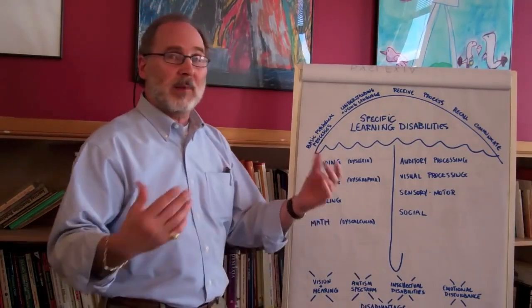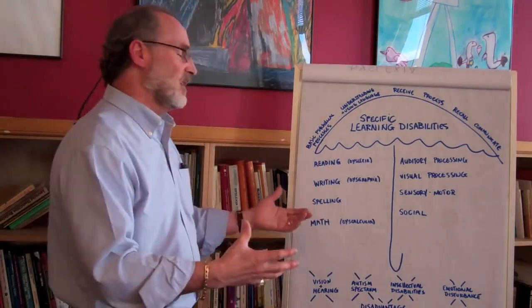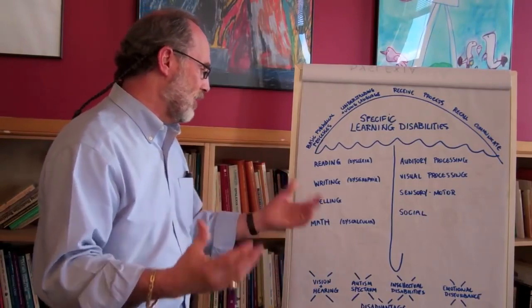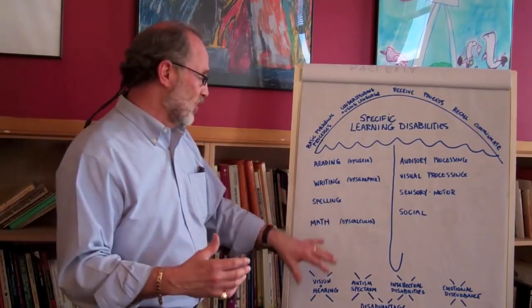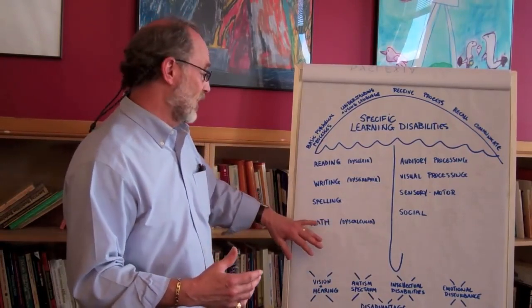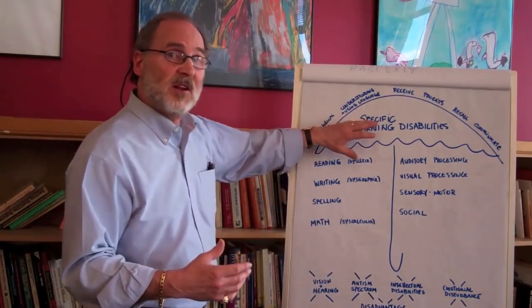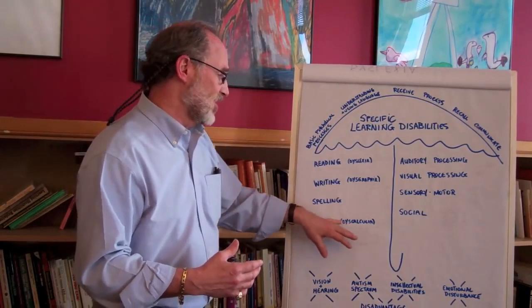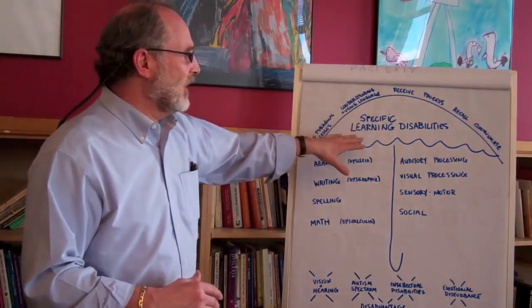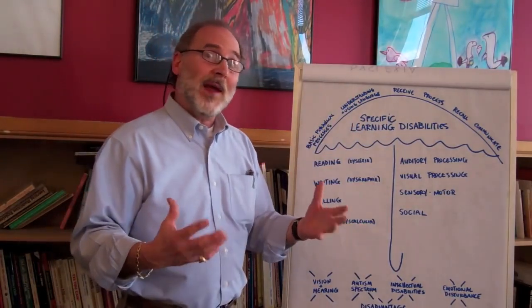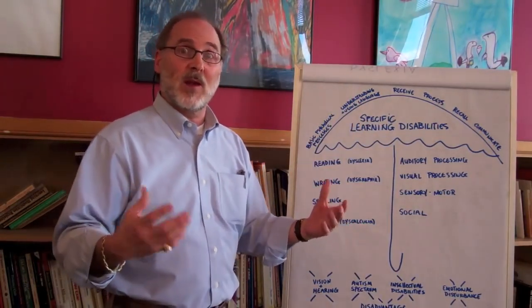It could be measurement, it could be estimating distances, it could be counting and making money, it could be understanding patterns and rules, working with numbers. So it could be any number of things, but a specific learning disability in math is referred to as dyscalculia.